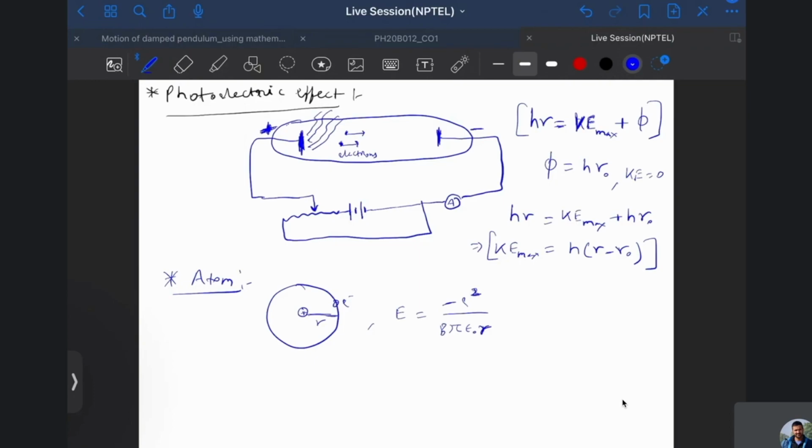And this energy is negative, because it reflects the fact that it is bound to the nucleus.